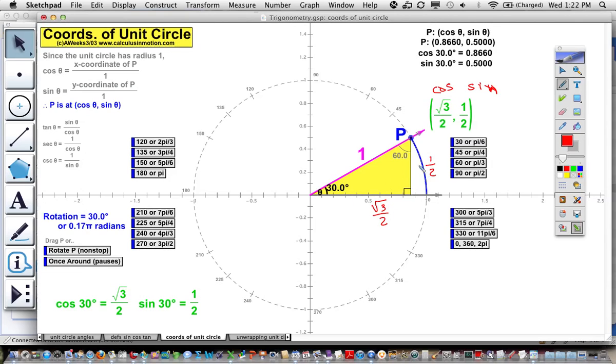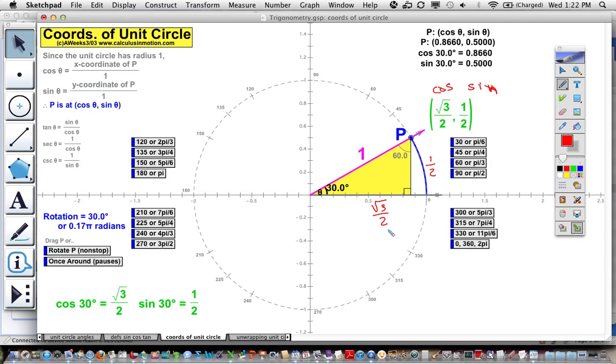Right here you'd have opposite over hypotenuse for sine, that'd be 1/2 over 1, so it's the y value. And cosine is adjacent, which would be this leg over 1. So cosine is the x and sine is the y. And so if you remember those values, sine of 30 degrees or pi 6 is 1/2. Cosine is square root of 3 over 2.